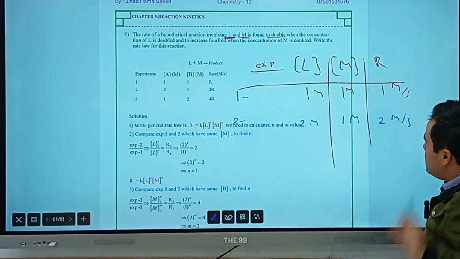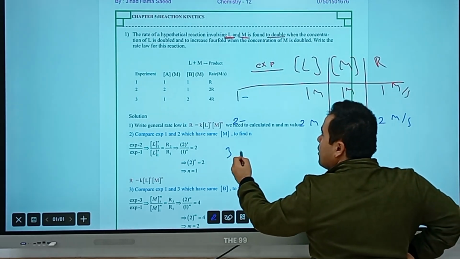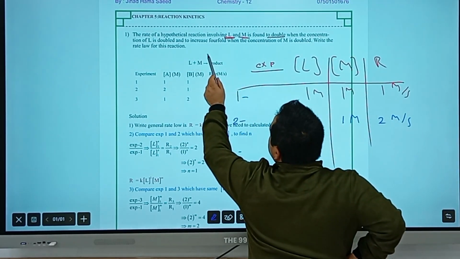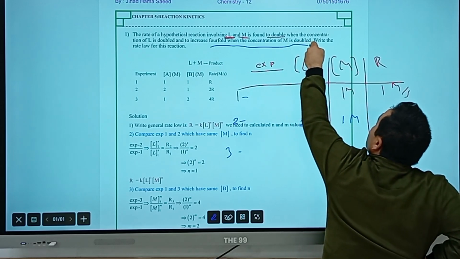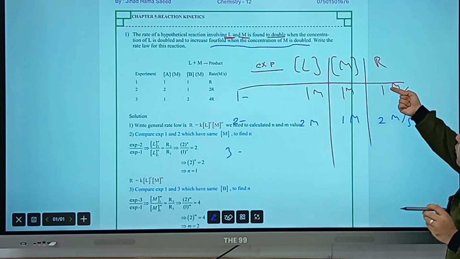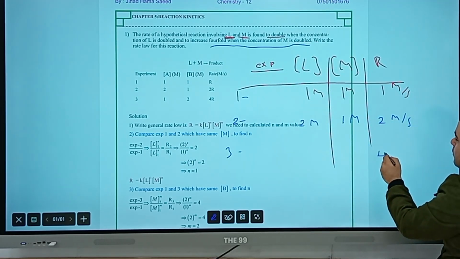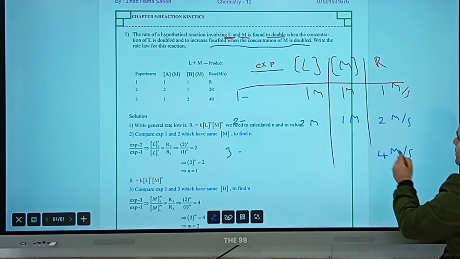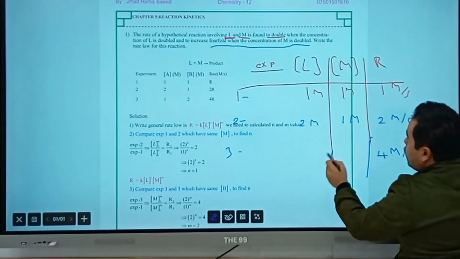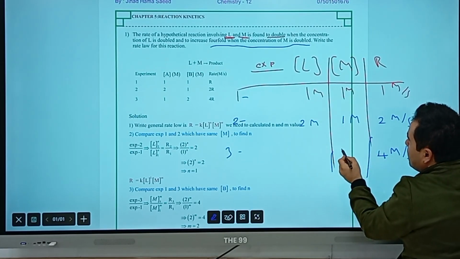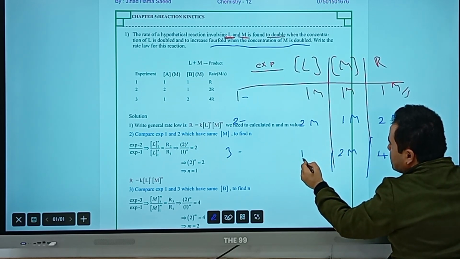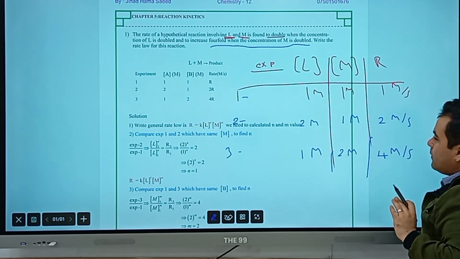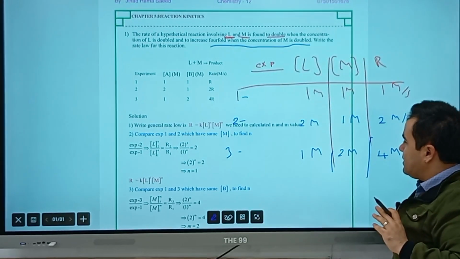If it's not mentioned, stay constant. The third experiment: the rate increases fourfold when the concentration of M is doubled. The rate becomes 4 molarity per second when M is doubled, 2 molarity, and L stays constant, 1 molarity, as in the first.